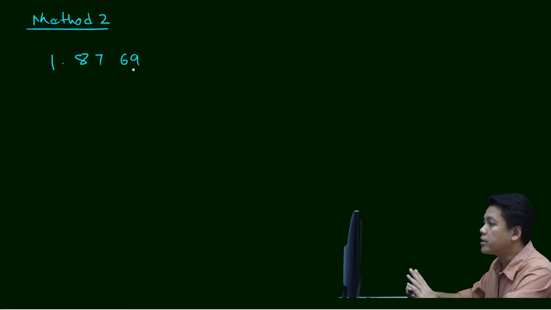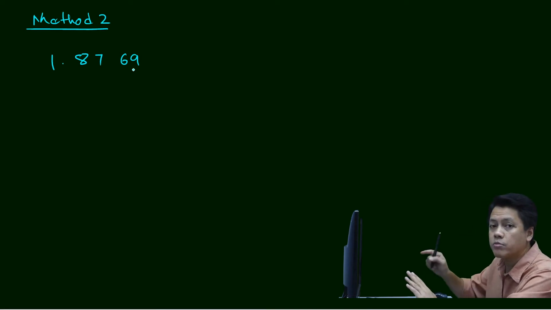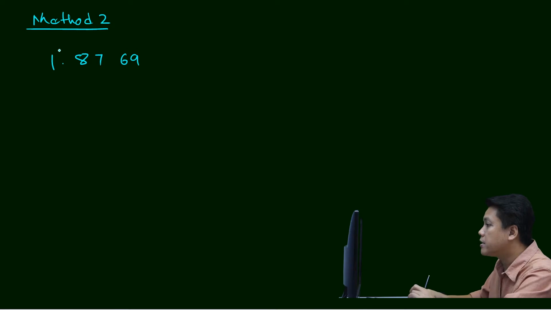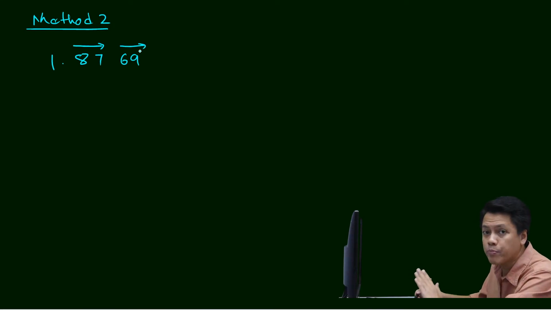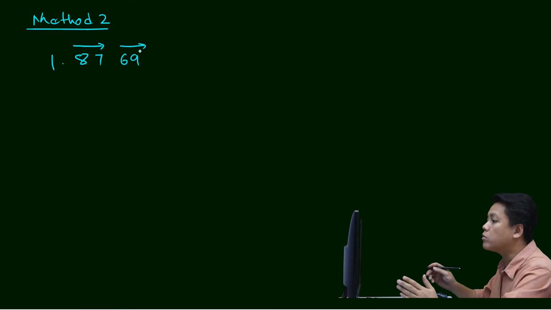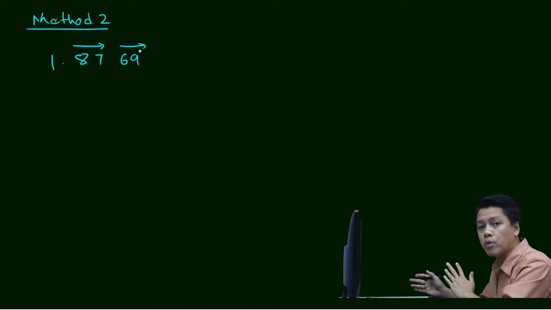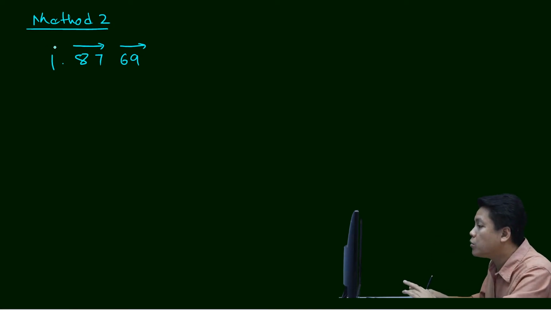Over here, we start from the decimal point first. Let's pair up the digits before and after the decimal point separately. So I do that to the digits after the decimal point, and then I do it for the one before the decimal point. So there are three groups, three pairs over here.